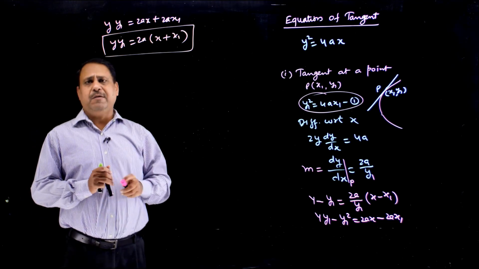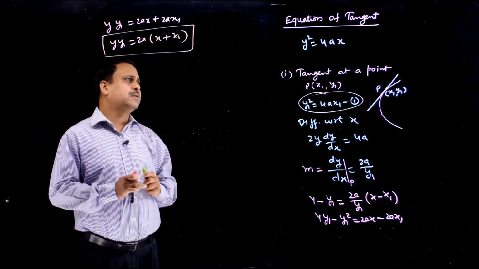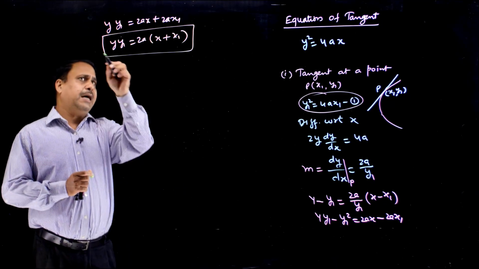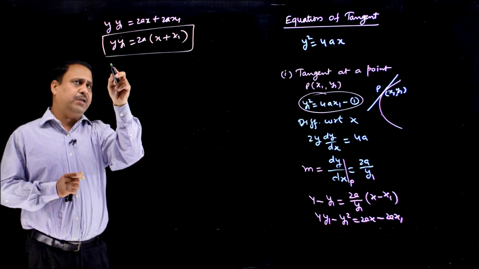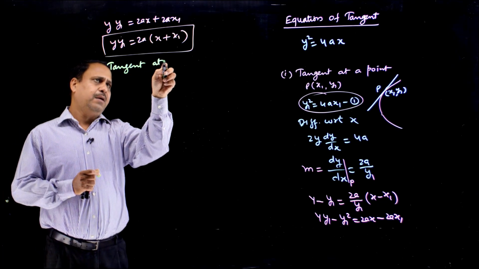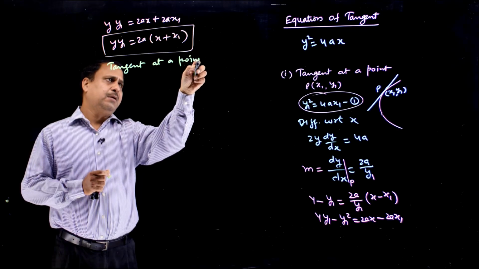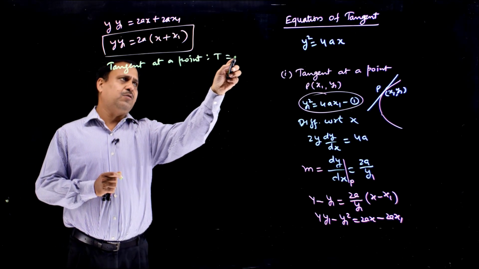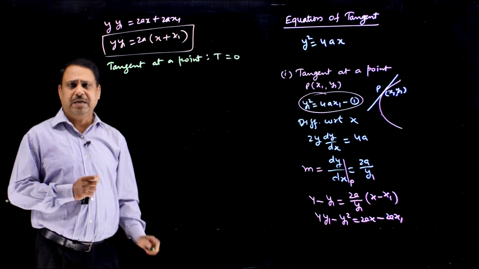A shortcut method I have given in the chapter of circles. I can directly write the tangent at a point as T is equal to 0. What was the method, if you have remembered?